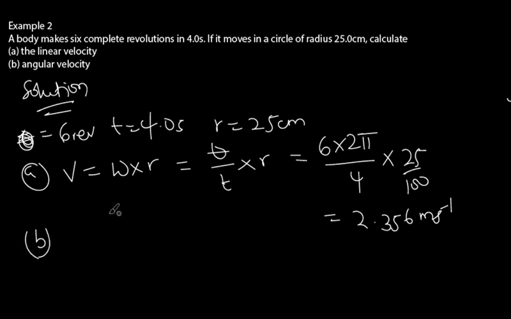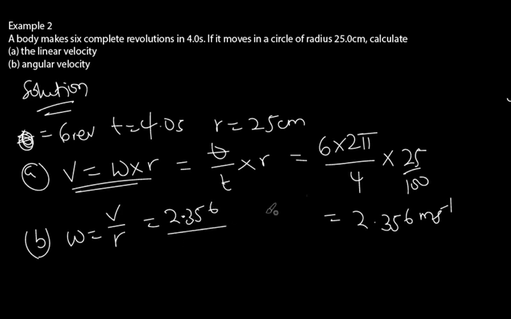From this equation we can make angular velocity the subject, so angular velocity equals linear velocity divided by the radius. We already have the linear velocity calculated, so we have 2.356 divided by the radius, which is 0.25. This gives us 9.4 radians per second.